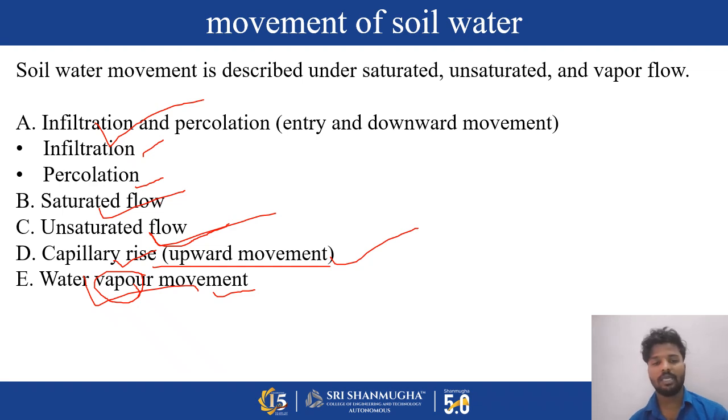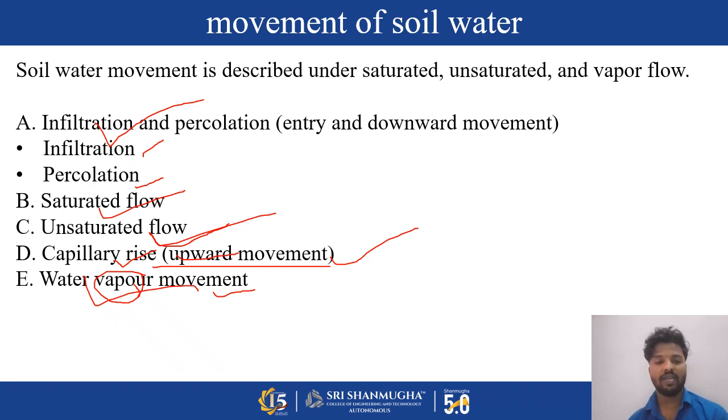Then the next type is capillary rise. Capillary rise is the upward movement of water. In the presence of a water table, capillary forces can lift water upward into the root zone.